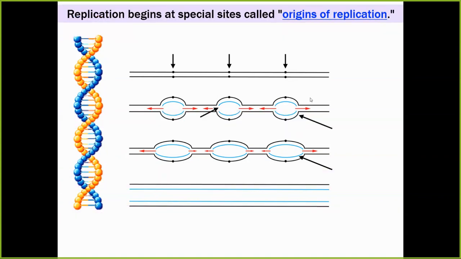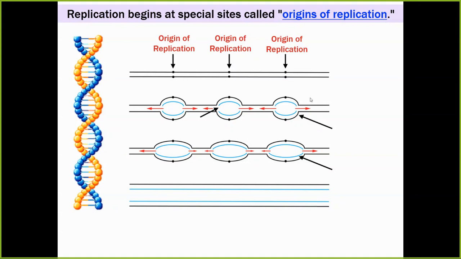All right, so you have this picture in your notes. Replication begins at sites called origins of replication. Those are just special spots along your DNA where your DNA knows that's where we start. So these black dots in the picture, we can think of those as being replication origins.